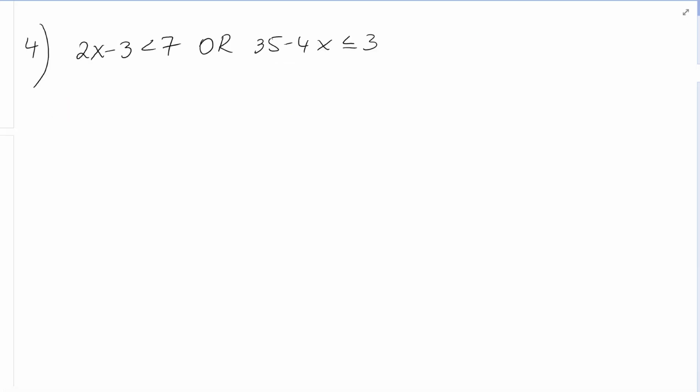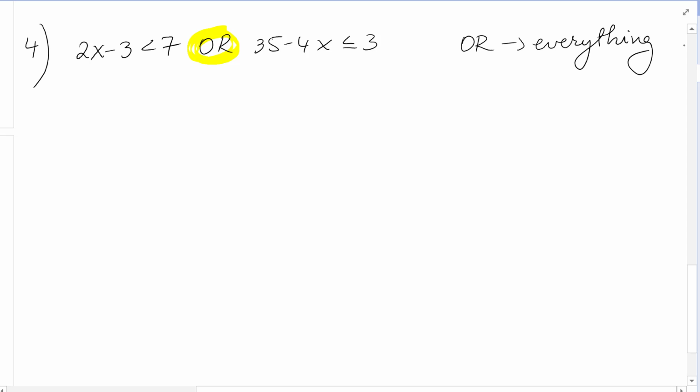Now let's try to solve problem 4. This one is a little bit different than the other one because it has the word or. So if and was where they overlap, or means everything. So we'll look for that. Now we add 3 to both sides and we get 2x less than 10. We divide by 2 and we get x less than 5.